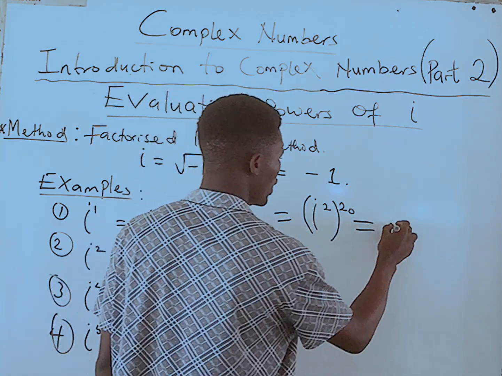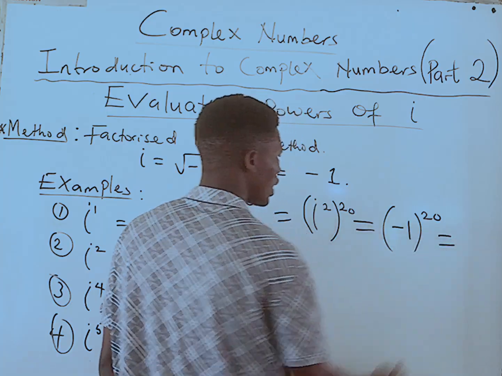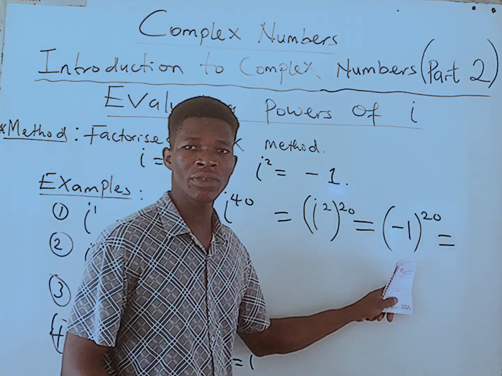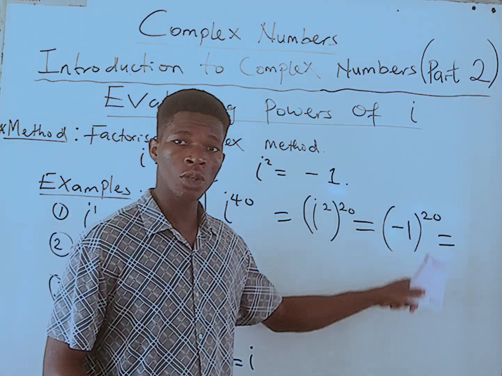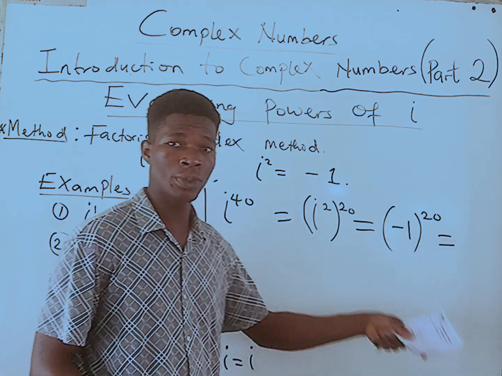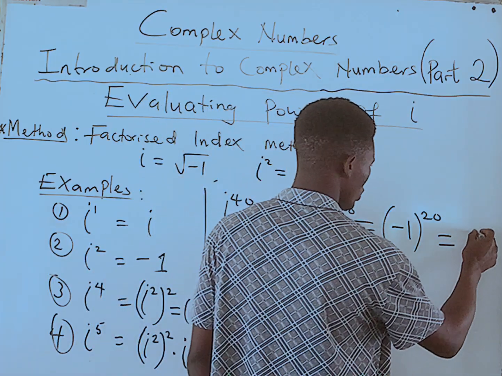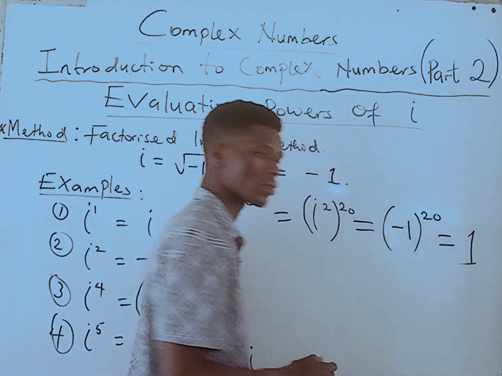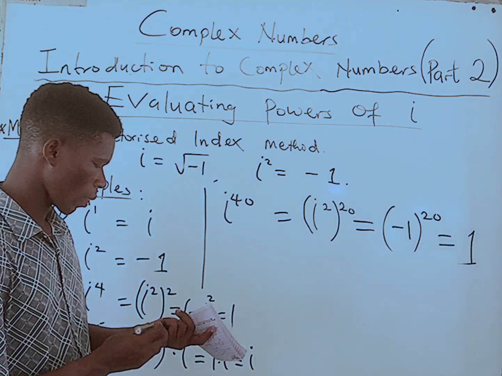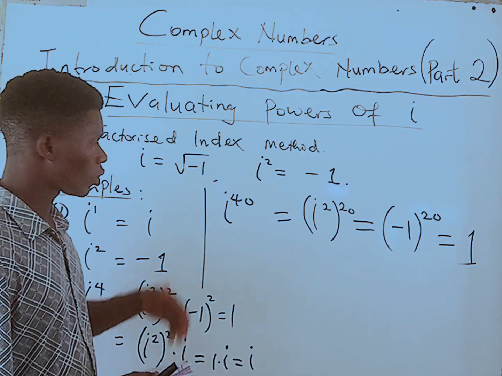We now have i raised to the power 2 is minus 1, and then raised to the power 20. We know that negative raised to an odd power will be negative, while negative raised to an even power will be positive. So minus 1 raised to the power 20 is positive 1. We are done with this example.